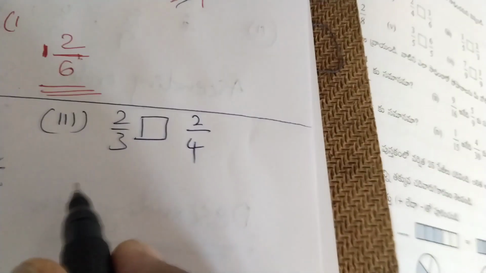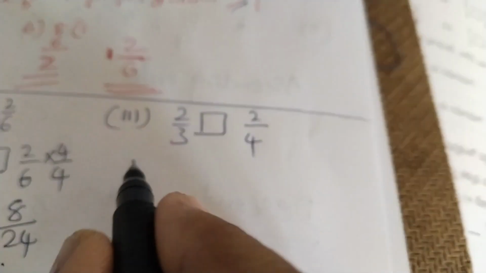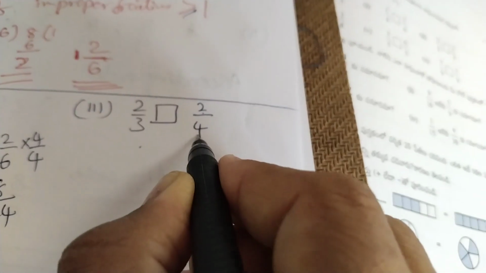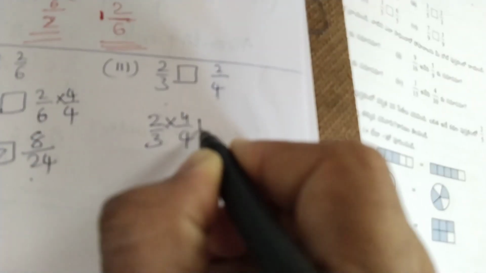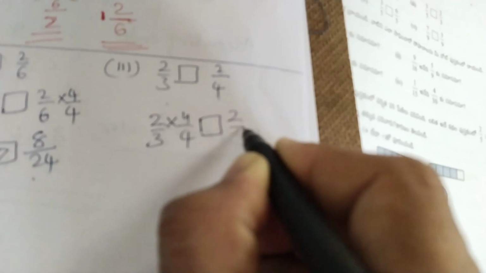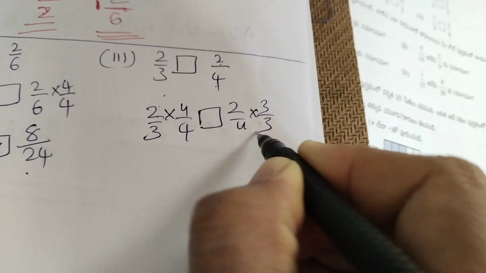Okay. Now coming to question number 3. So 2 by 3, 2 by 4. These are also unlike fractions, so we are going to convert them. So 2 by 3 into 4 by 4, and 2 by 4 into 3 by 3.